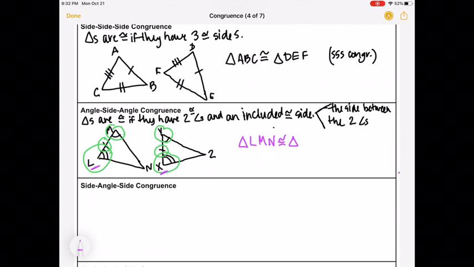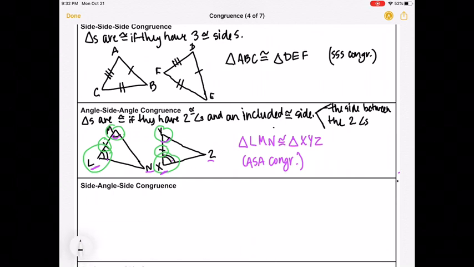So L matches up with X. Those are the two that are congruent to each other. And then M to Y, N to Z. So I have to make sure I write them in that order. L was first, so I should have X, then M, so I should have Y, then N, so I should have Z. Okay, for my reason, when we get to proofs, I would say ASA, so angle, side, angle congruence.